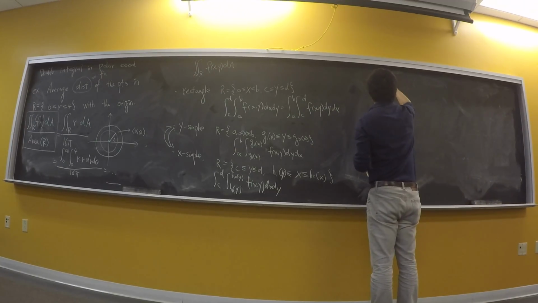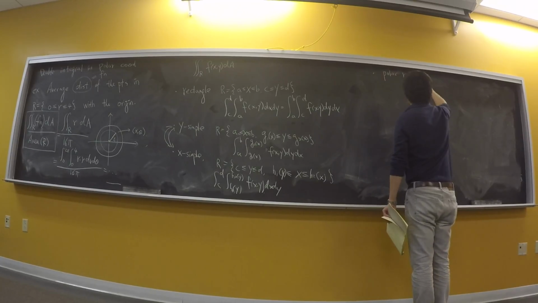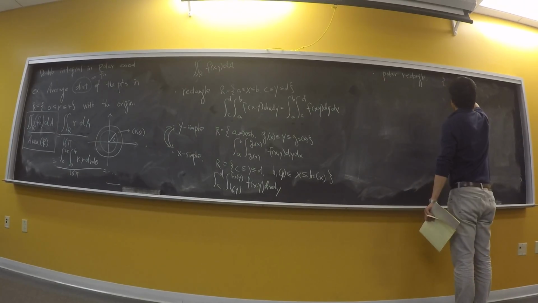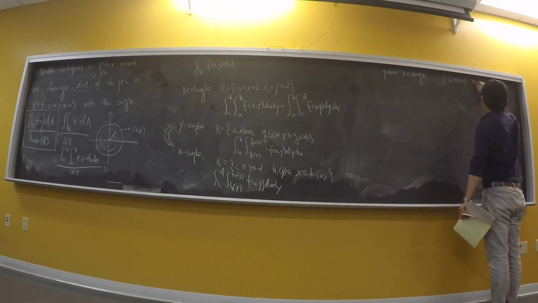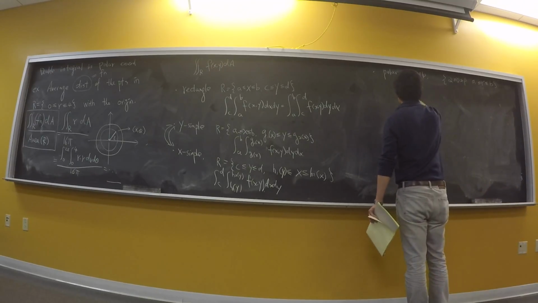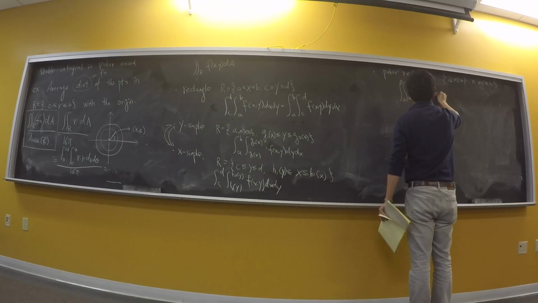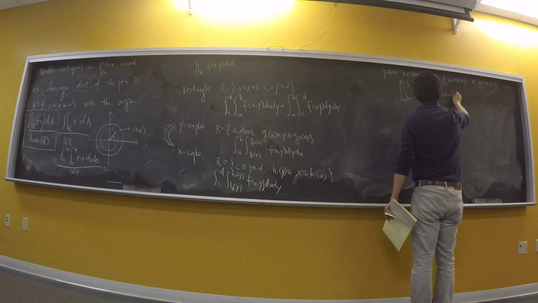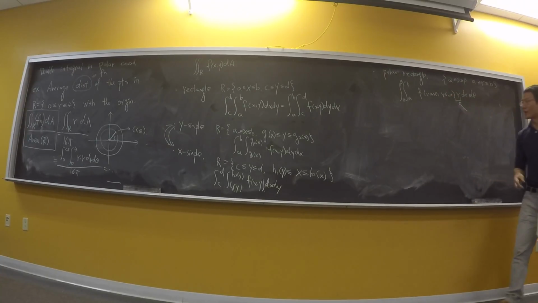So it's a polar rectangle where theta is bounded between two angles, R is bounded between two radii. And then integrating from alpha to beta, from A to B, f(r cosine theta, r sine theta) r dr d theta. And keep in mind, we have one extra factor r coming here.